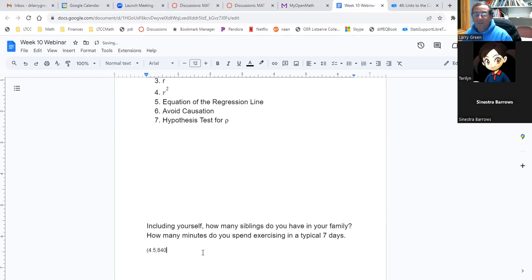I spend about 840 minutes a week exercising, 2 hours a day. I exercise a lot, more than just about anyone I know. But let's look at the others that we have. We also have a 3 and 70, a 3 and 70. And we have an only child too. We have one, I'm a 4 and 5.